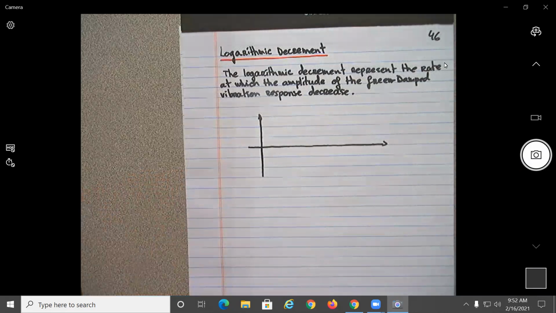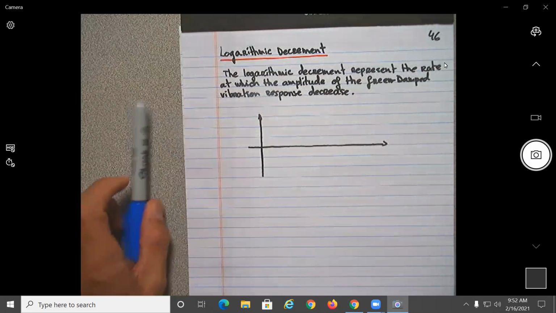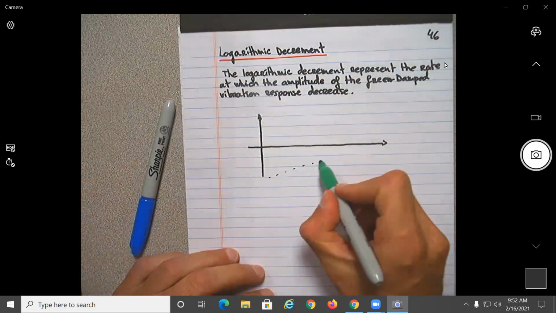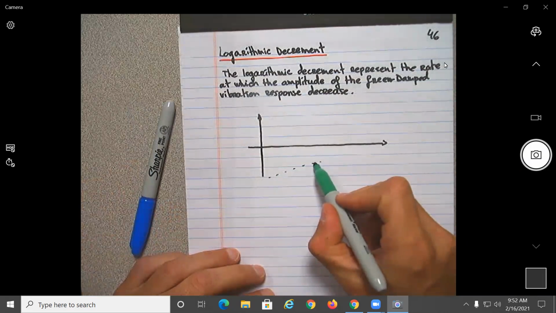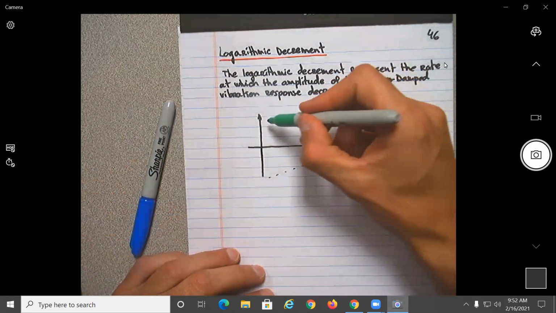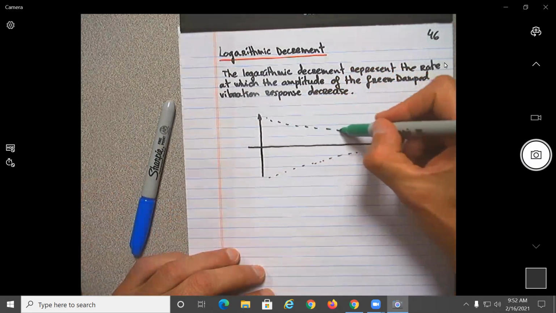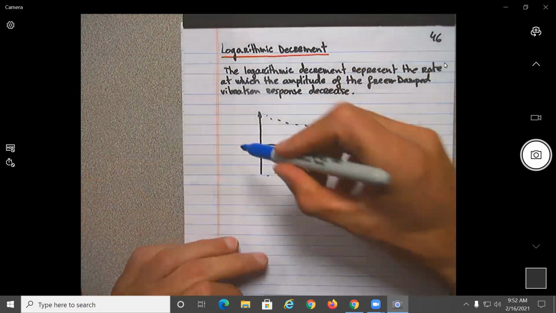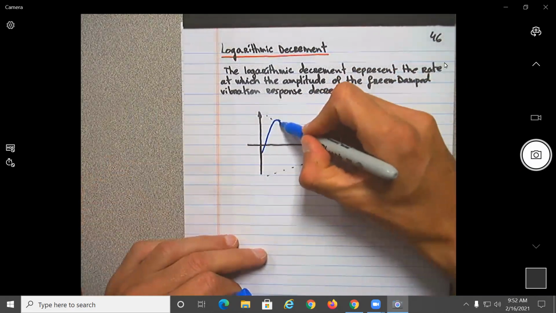okay, so why do they call it the logarithmic decrement? Because the idea already on the figure, you could put this amplitude here within those functions. And let's say the response could be something like this.